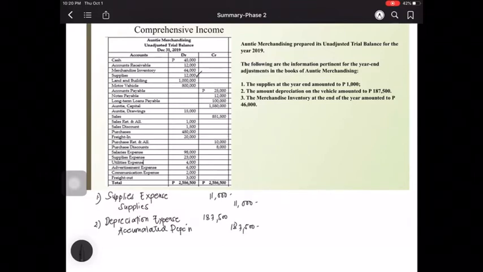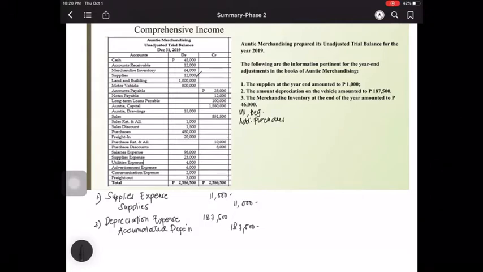So how do we adjust the amount of our merchandise inventory? We have to first compute for our cost of goods sold. Okay, I hope you could still remember the formula on how to compute for our cost of goods sold. All right, what is the formula? We have to determine the amount of our merchandise beginning first, right? And then add all your purchase accounts. So you have your purchases.